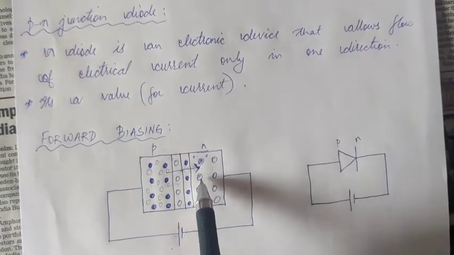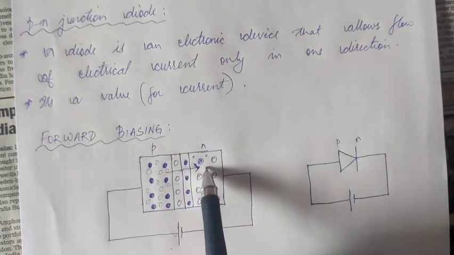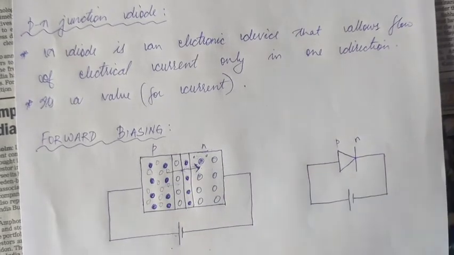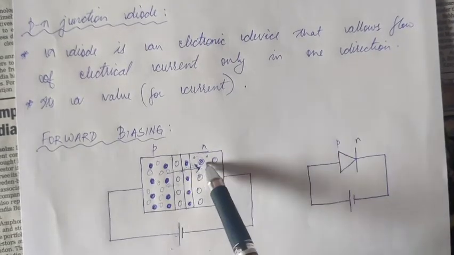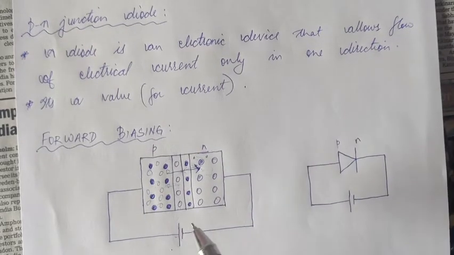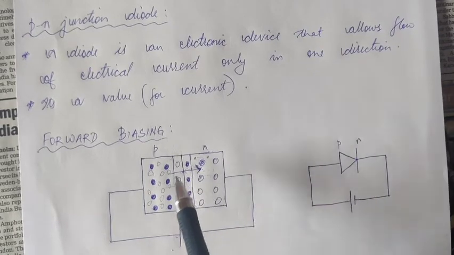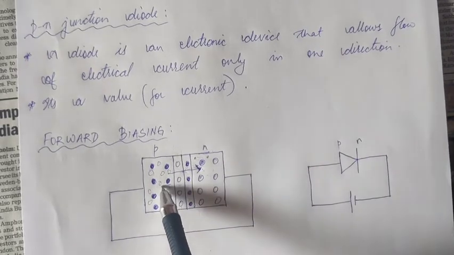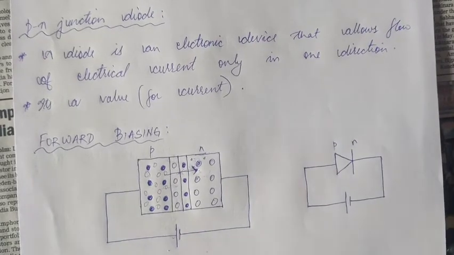Electrons are moving towards our left hand side, so current is flowing through the p-n junction towards our right hand side. So there is flow of current through the p-n junction diode when we forward bias it, and this flow of current, mind you, is because of the flow of majority charge carriers. So in forward biasing there is flow of current because of flow of majority charge carriers.